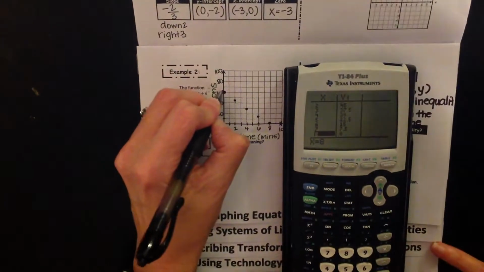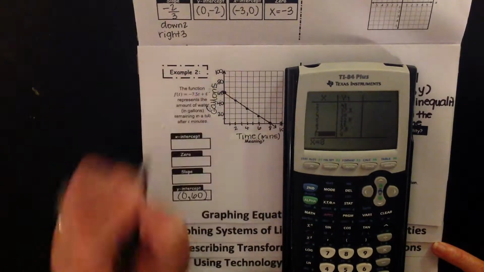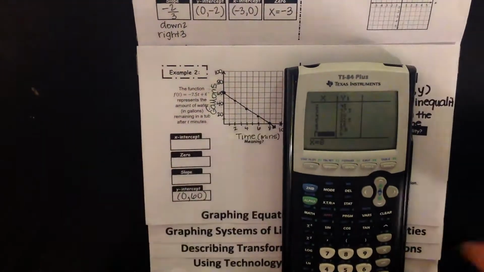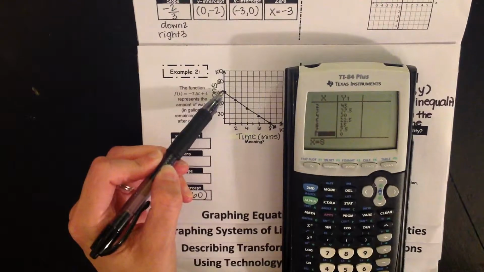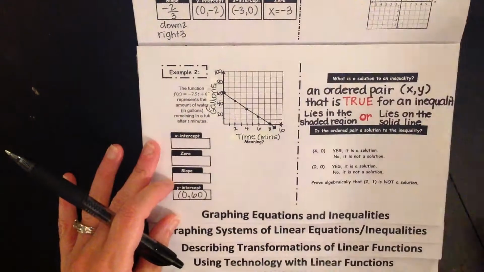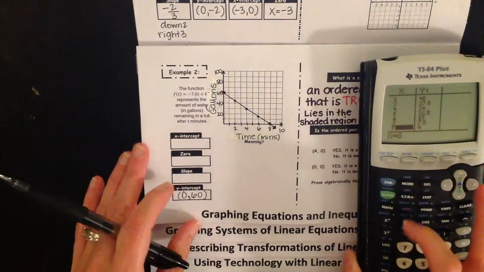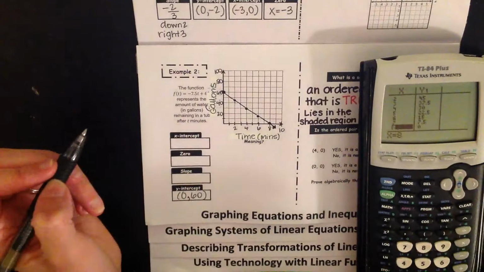I'm going to stop right there. I'm not going to draw the part underneath, because in our problem we only go from 60 down to 0. I'm not going to extend my graph out, because I'm not going to have 0 gallons of water into negative minutes. That's why we don't have this side of the graph, because that would be negative minutes.